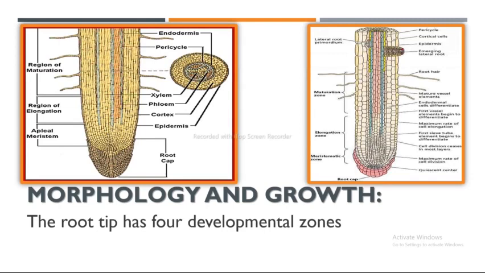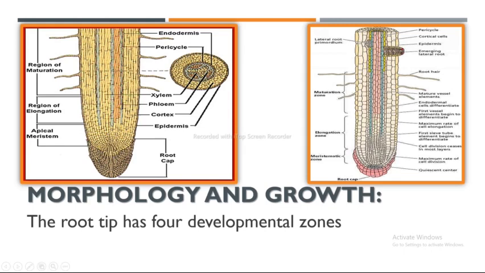Morphology and growth. Again, there are two figures, and the root tip has four developmental zones. So again, you can see that there are three regions. First is the region of maturation. Region of maturation includes endodermis, and this is pericycle.